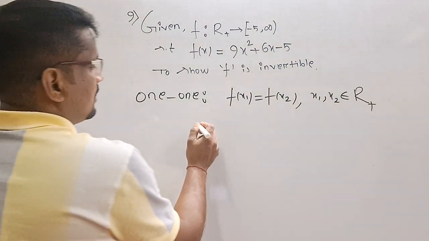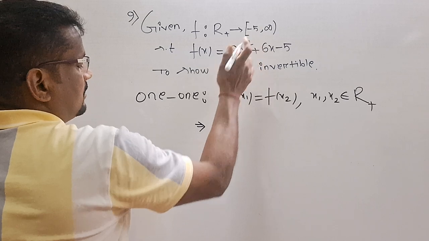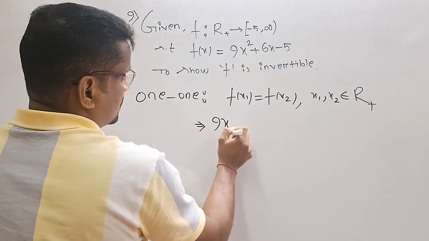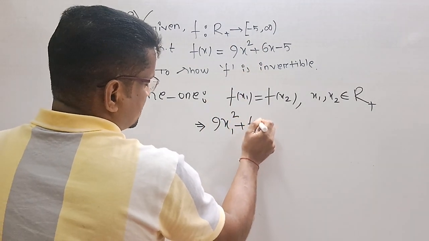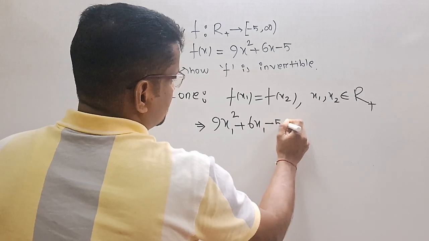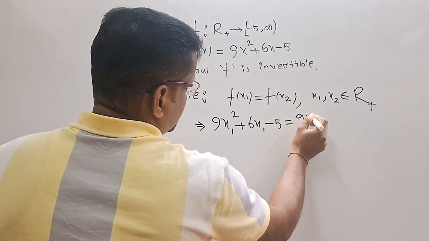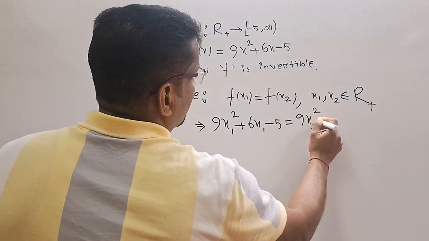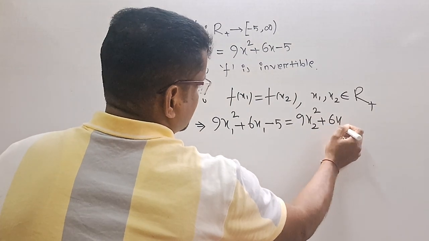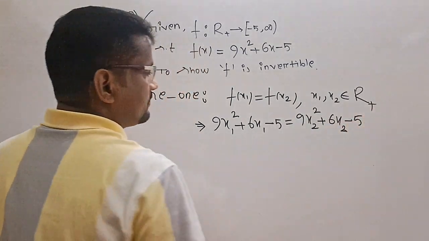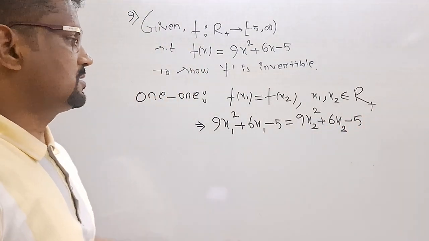Then by the functional formula given, it is 9x1 squared plus 6x1 minus 5, which is equal to 9x2 squared plus 6x2 minus 5.